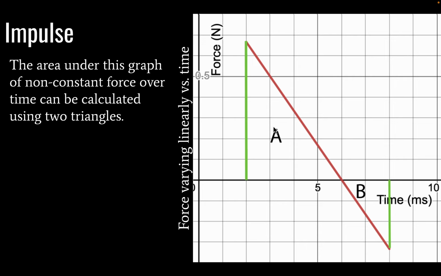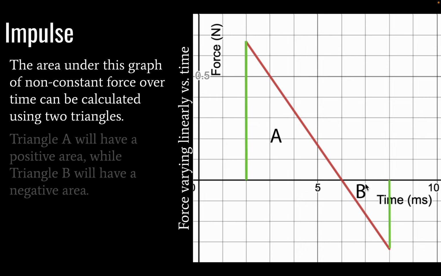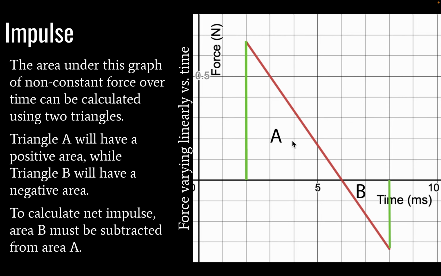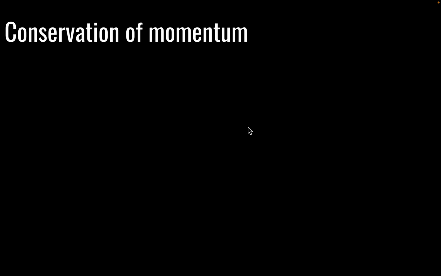So we have the impulse given by triangle A and the impulse given by triangle B. And to calculate net impulse, we would just subtract from the area of this triangle the area of this triangle. Pretty straightforward. Under some circumstances, we could then have a negative net impulse, and that would be fine. Not the end of the world.